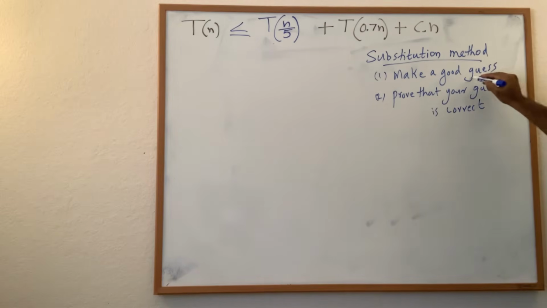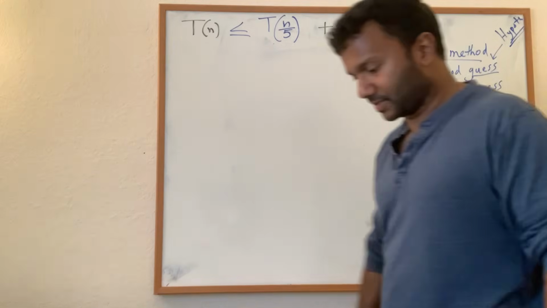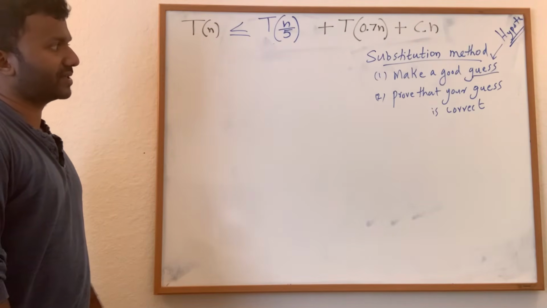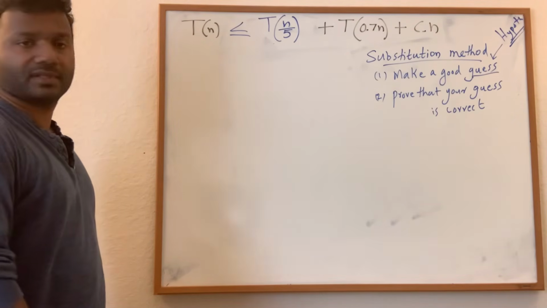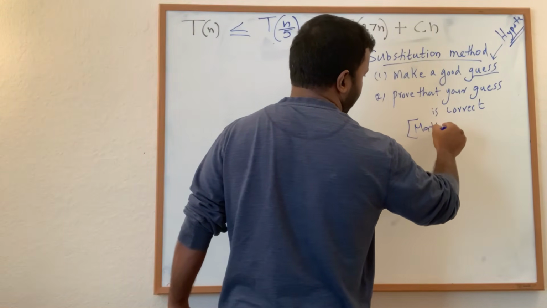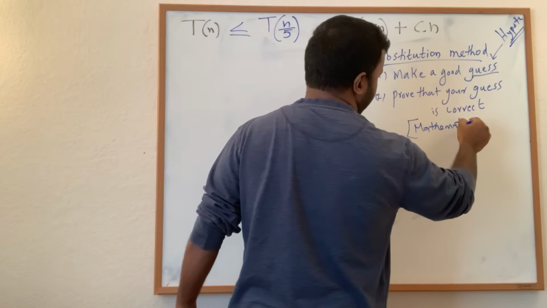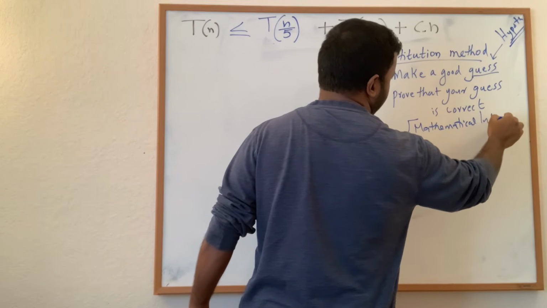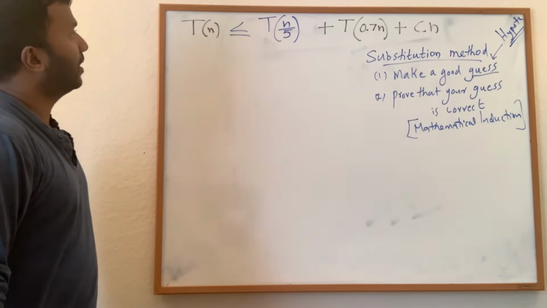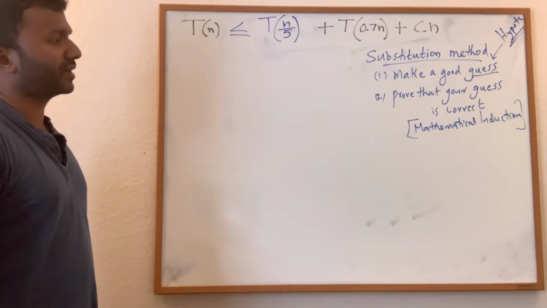So guess means what? It is a hypothesis, right? So a guess or a hypothesis, and you prove that your guess is correct. What we're going to use is nothing but mathematical induction. Okay, so I need to make a good guess first.